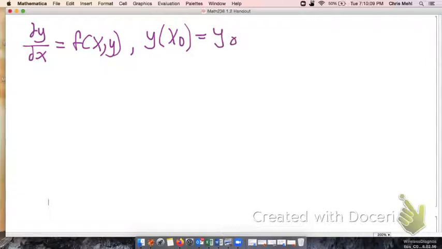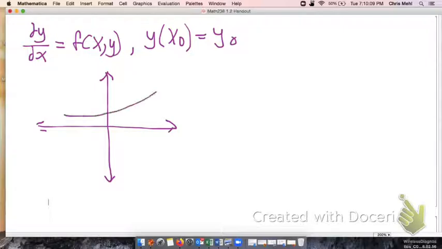Now, if I think of the solution curve, we don't necessarily know what the solution function looks like, but say that's the solution curve for this particular solution. And on the graph, right here, that's the point x naught, y naught.